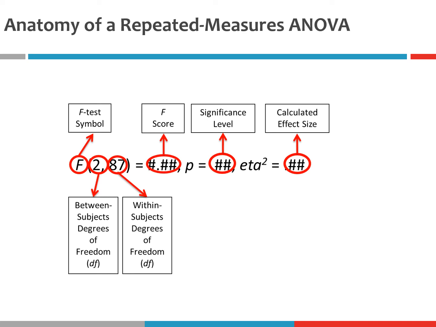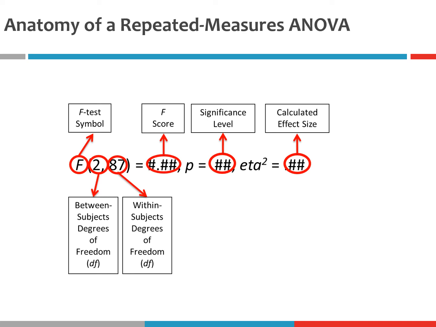So if I have 3 groups, I would have 2 degrees of freedom like I have here. That means I had 3 groups and the same people in each group. The second degrees of freedom is called the within subjects degrees of freedom, and that's the number of total subjects minus the number of groups.